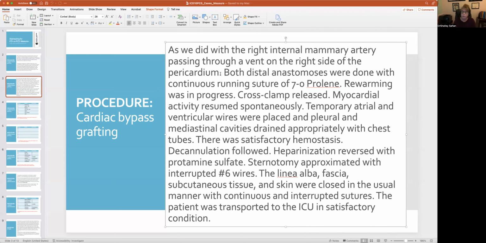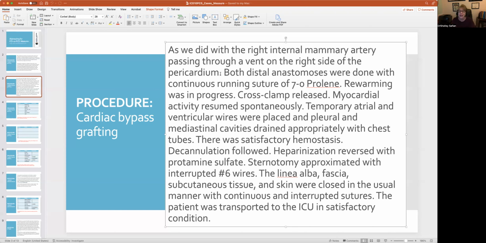All right, rewarming was in progress, which means they're now warming the patient back up from 32 degrees. Cross clamp released. So the grafts are in on both sides. And remember, what is anastomosis?